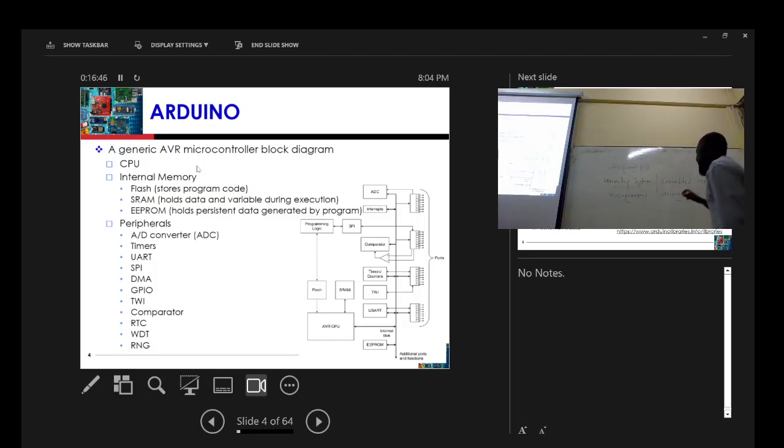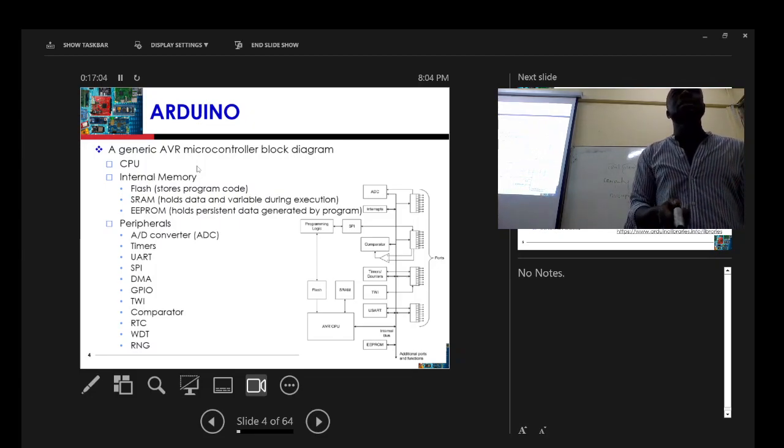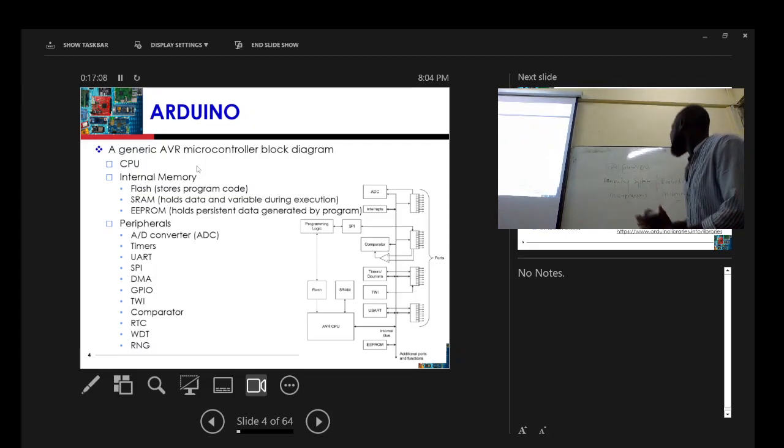Now, the heart of the computer system, everybody knows, is the CPU. So the heart of the computer system is the microprocessor, right? The embedded system must have a micro what? Controller, right? The microcontroller has the CPU, memory, everything attached to it.